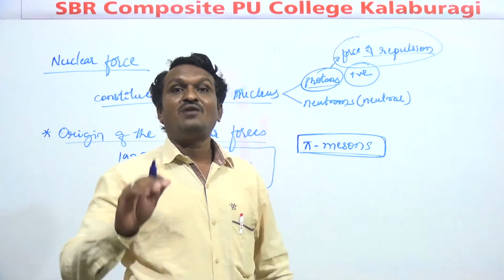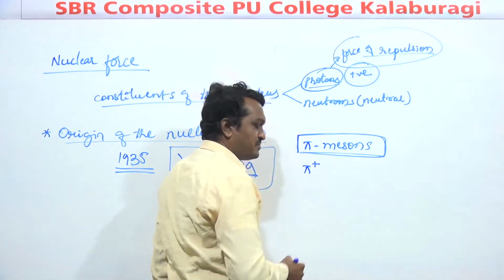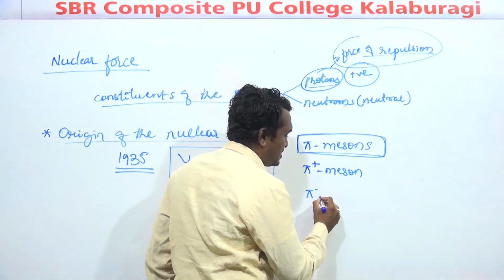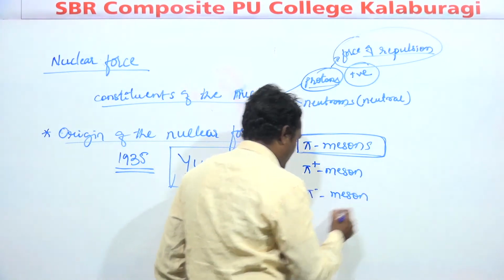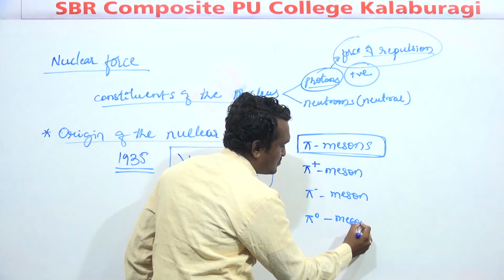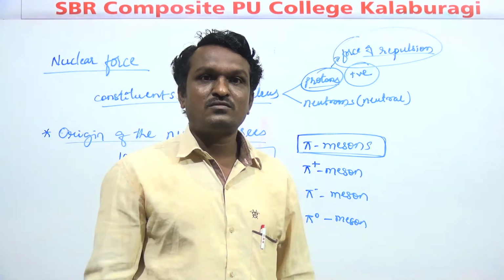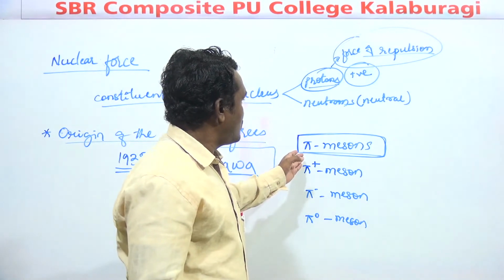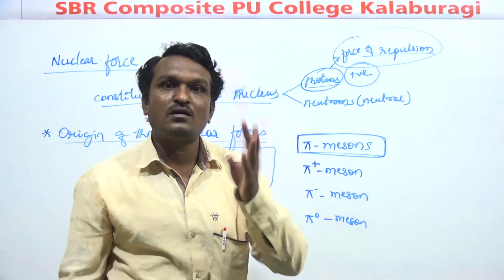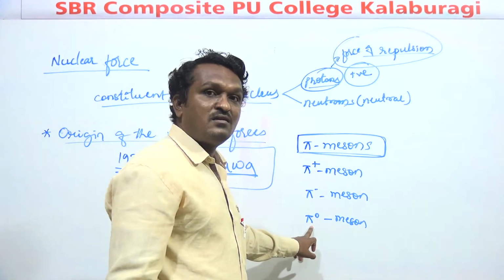In the pi meson, we have three types: pi plus meson, pi minus meson, and pi neutral meson.